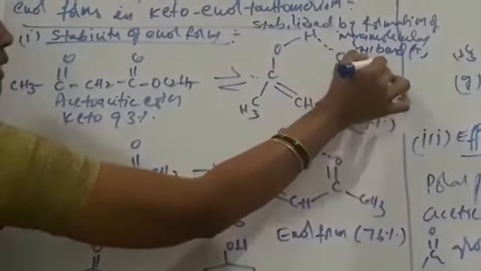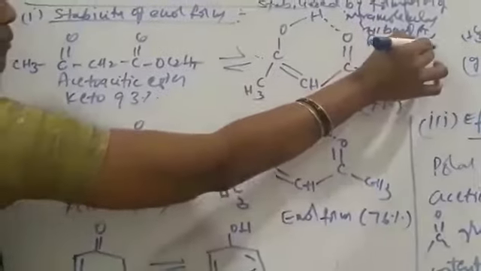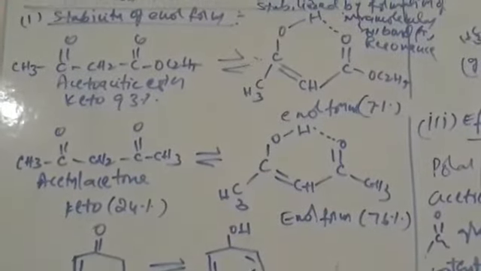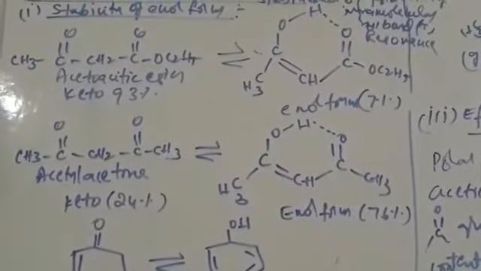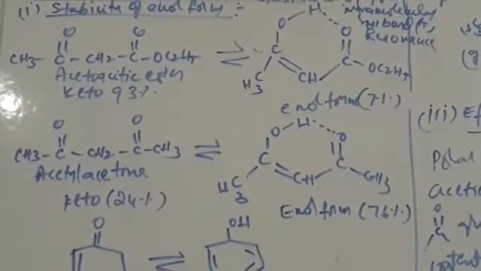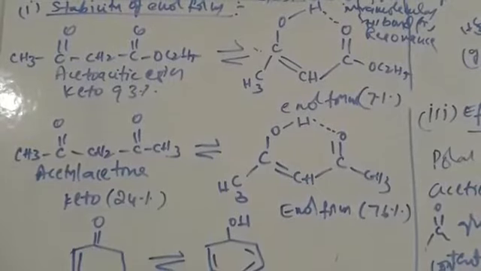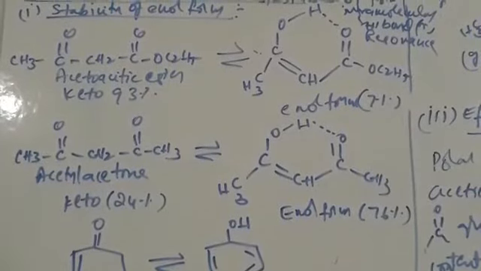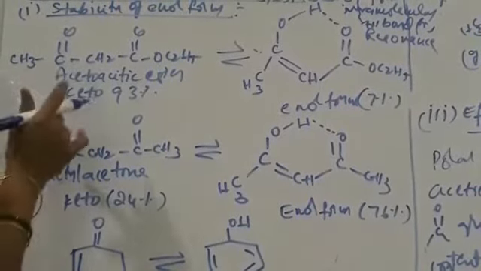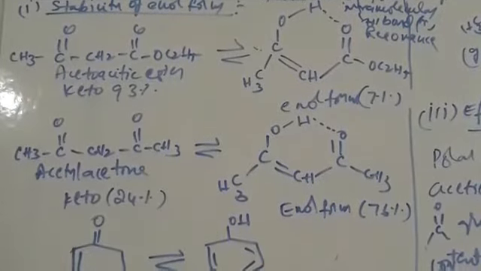Conjugation here means resonance. The percentage of enol form increases, and this is due to the formation of intramolecular hydrogen bond or by resonance. First, let us see acetoacetic ester.